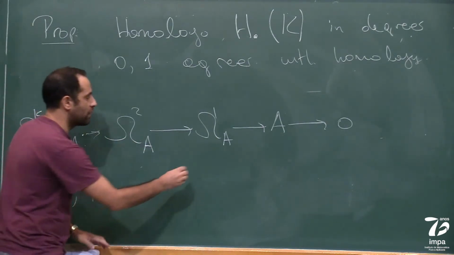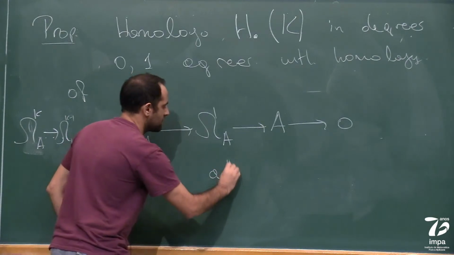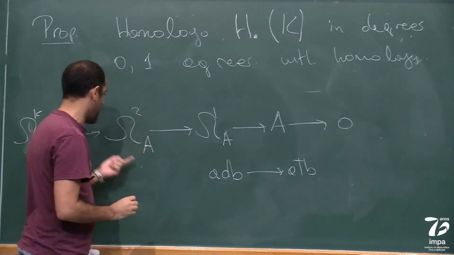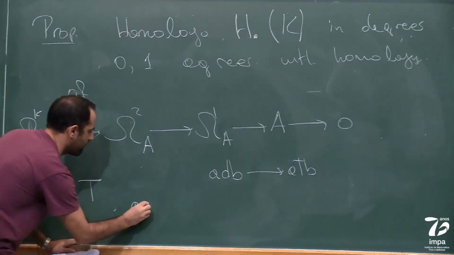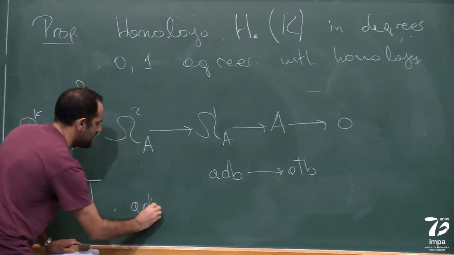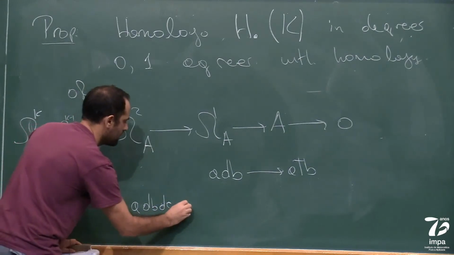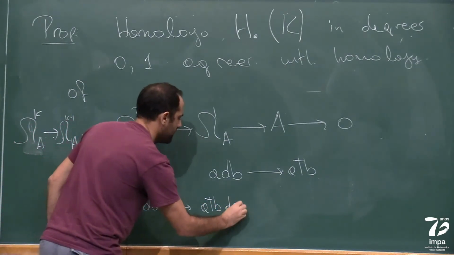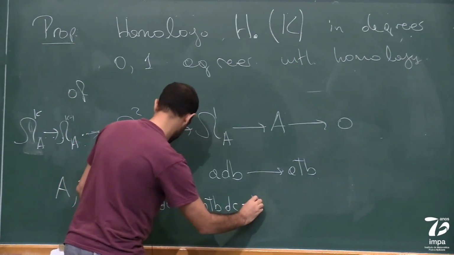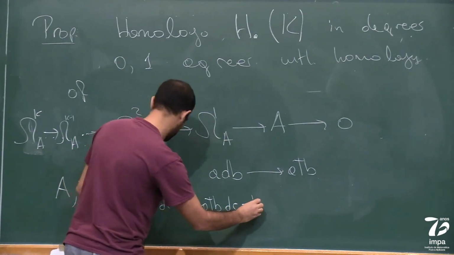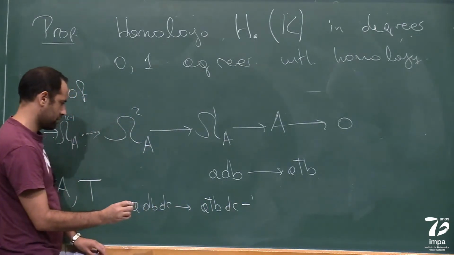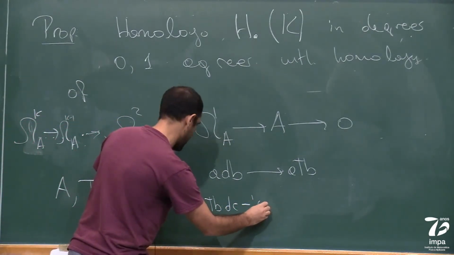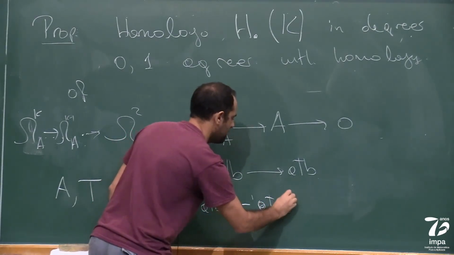Explicitly, an element of this form goes to A TB, and an element of the form A dB dC goes to A TB dC minus A TC dB.